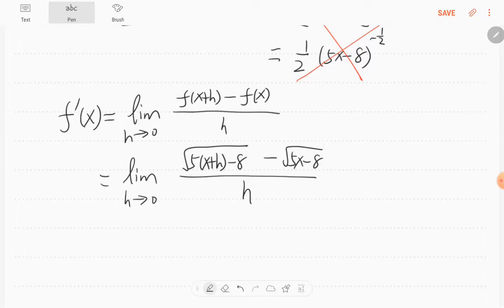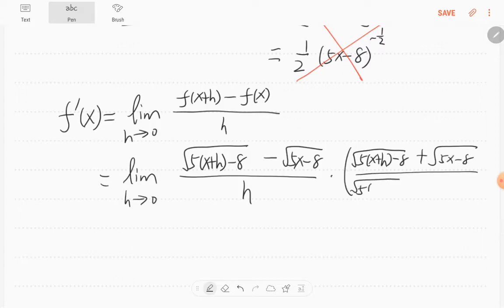That means you need to modify it. You remember we have the technique: we multiply by the conjugate, which means the square root of 5(x plus h) minus 8 plus the square root of 5x minus 8, over the same thing. If you are not familiar with that, you can go back to see the examples when we talked about the techniques for limits.